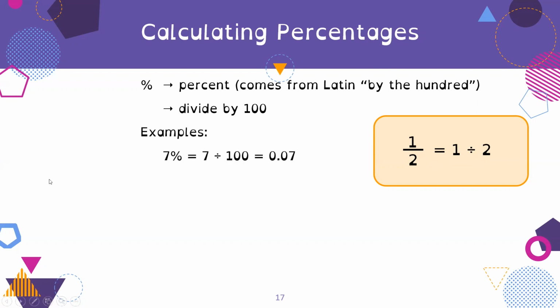So some examples are that 7% is equal to 7 divided by 100, which is equal to 0.07. You can totally just do this on your calculator, or many folks have learned the trick that you move the decimal place over 2 places.